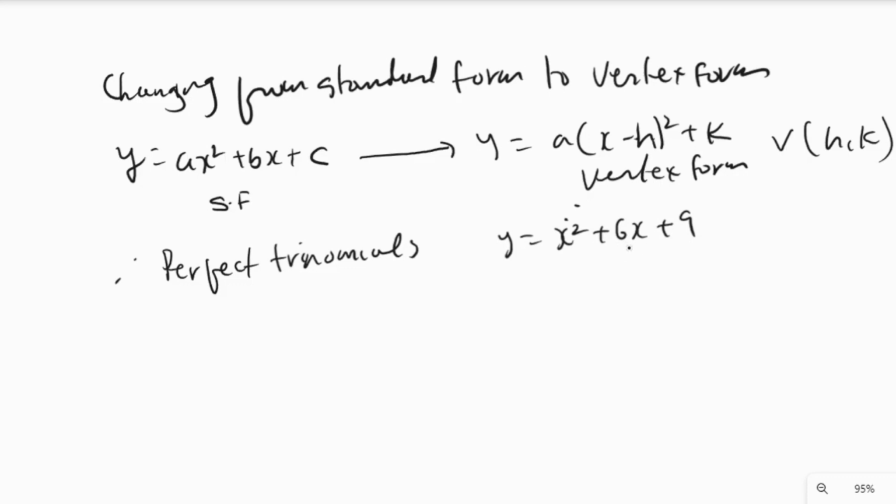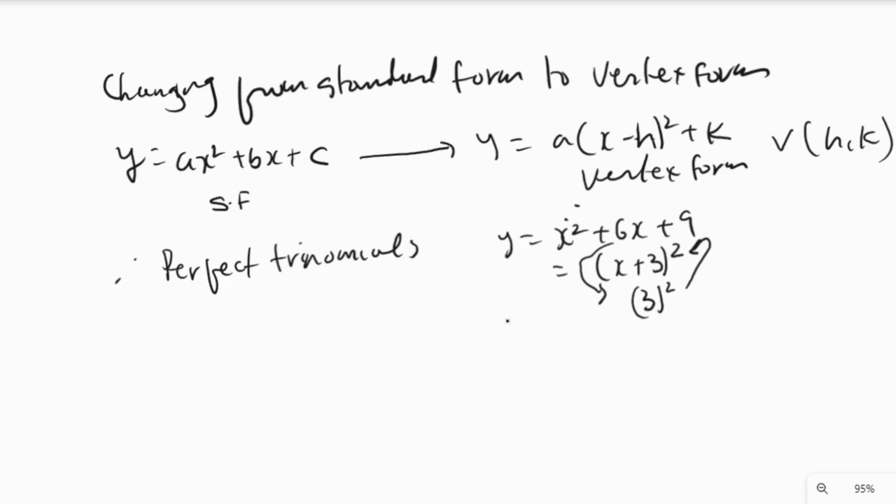So it means that the two numbers are 3 and 3. (x plus 3)(x plus 3), which is (x plus 3) squared. From this one, I can see that half of 6 is 3, and 3 squared is 9. Therefore, this number is always the square of half of this, and this is called a perfect trinomial.